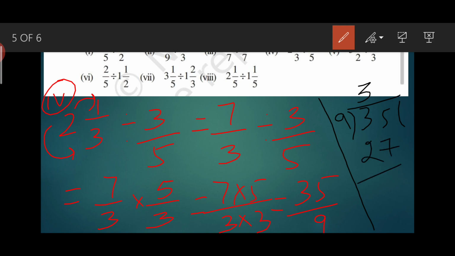What will be the remainder? If you subtract 35 minus 27, the remainder will be 8. And as you can see 8 is less than 9, so we cannot divide 8 by 9 further.